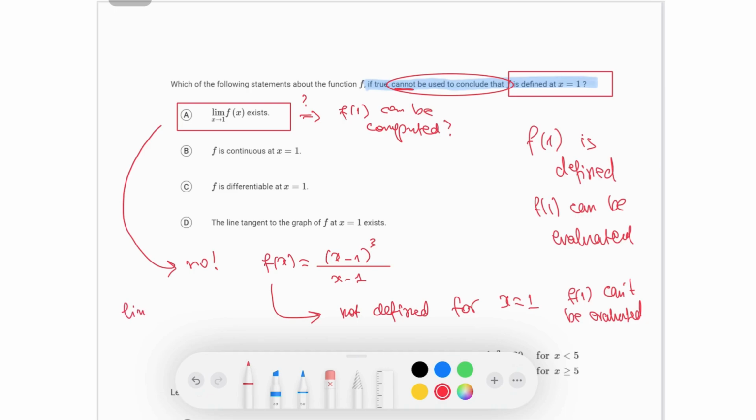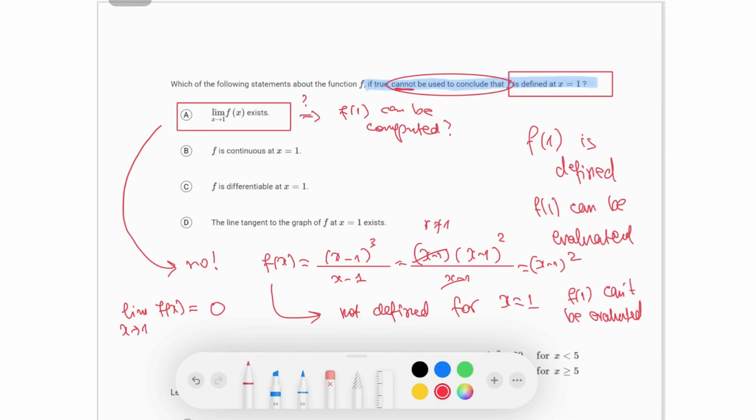The limit as x approaches 1 of f of x: under the assumption that x is different from 1, you can cancel, and that is (x minus 1) squared. So that limit is 0.